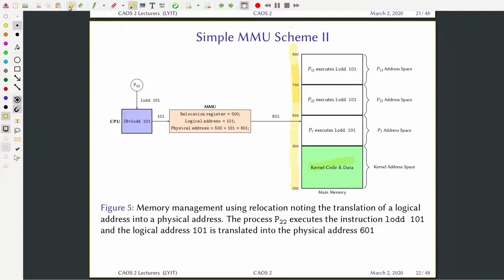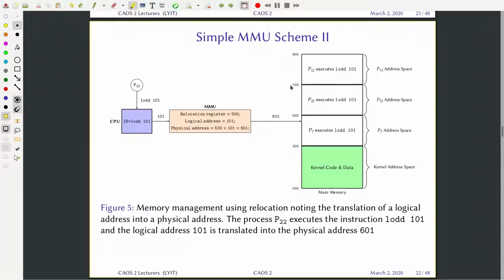They are all allocated a portion of the physical address space. So the kernel is from 0 through to 299. P7 is from 300 through to 499. P22 is from 500 through to 699, and P12 is from 700 through to 900.